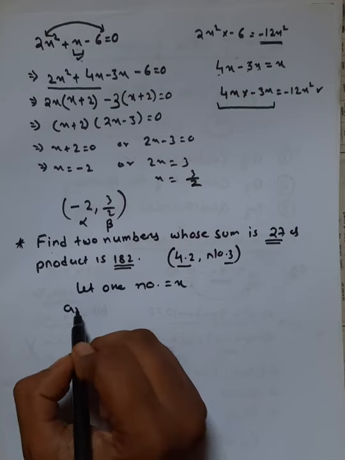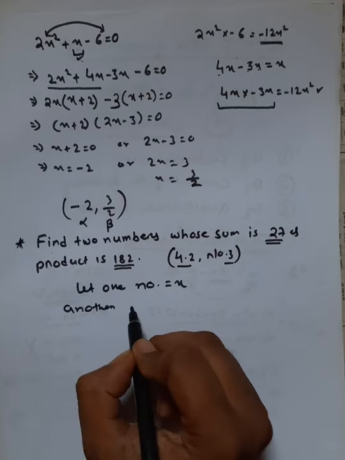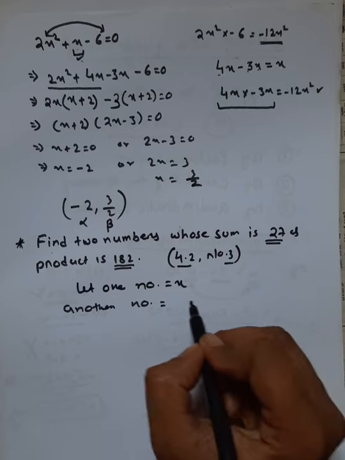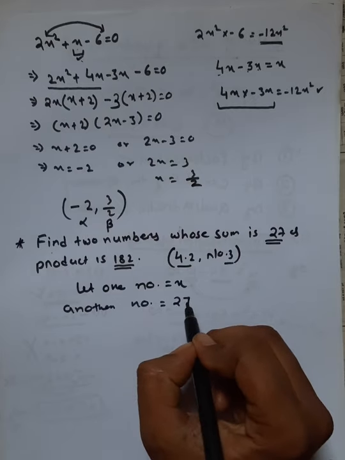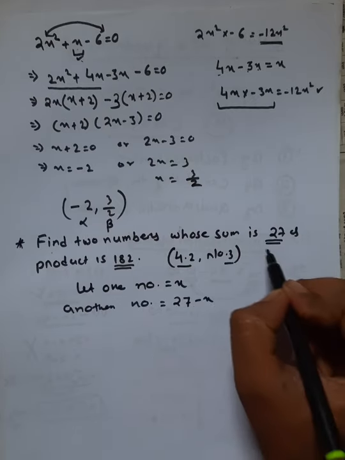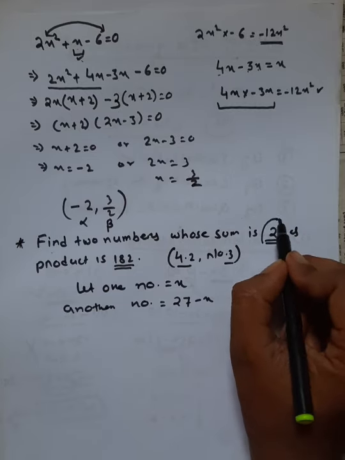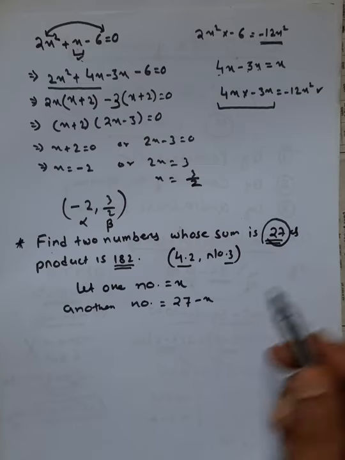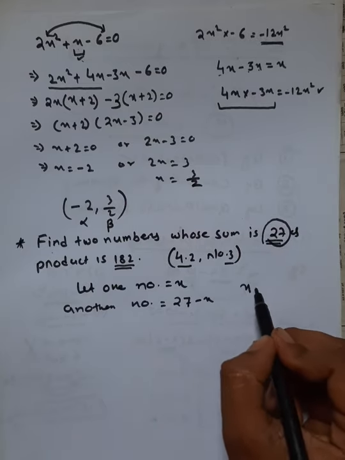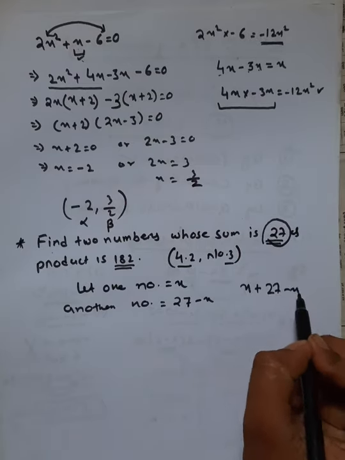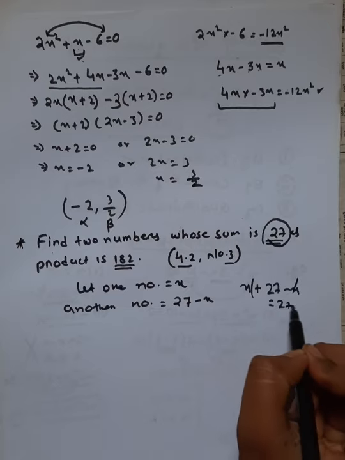So another number will be how much? This is 27 minus x, because it is given the addition of two numbers is 27. So if we add these two numbers, x plus 27 minus x, this is 27.